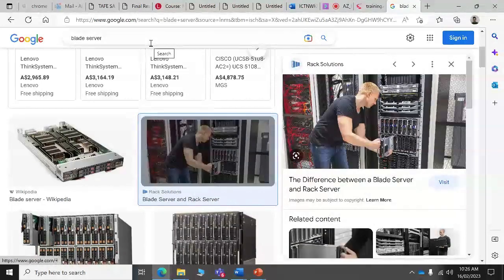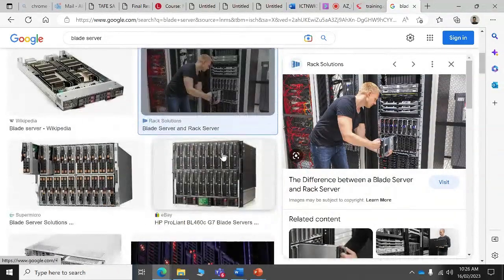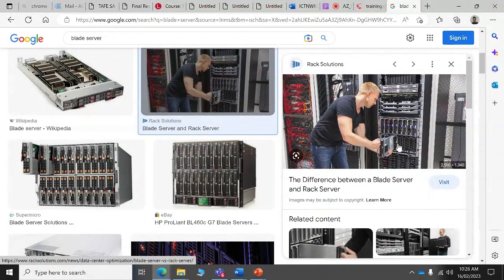Is your organization big enough to have one of those, and are you going to expand and add more and more? You see these ones are blanks. That means there's no server in those, but we can add more if we want to. So it makes it scalable too, doesn't it? And if this is one chassis, you can get another chassis, and another. You can keep on adding to it, increasing your resource pool.